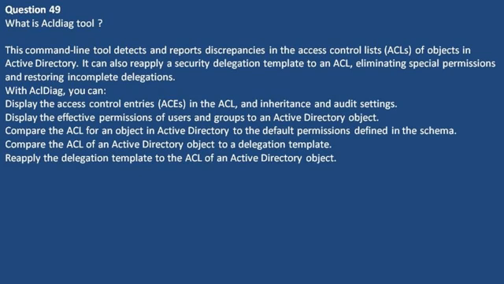With ACLDiag, you can display the access control entries (ACEs) in the ACL, and inheritance and audit settings; display the effective permissions of users and groups to an Active Directory object; compare the ACL for an object in Active Directory to the default permissions defined in the schema; compare the ACL of an Active Directory object to a delegation template; and reapply the delegation template to the ACL of an Active Directory object.